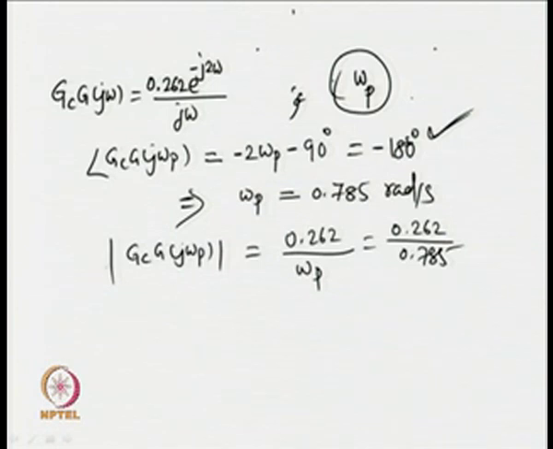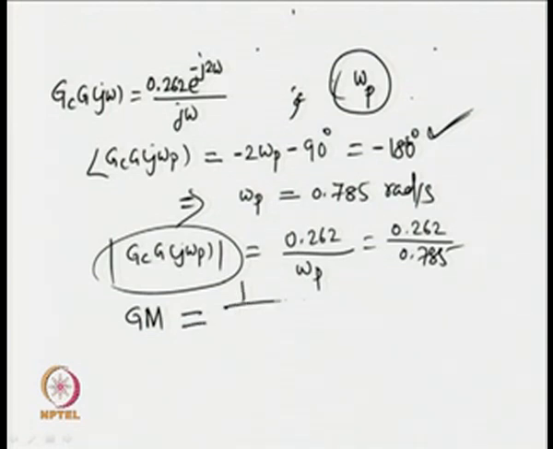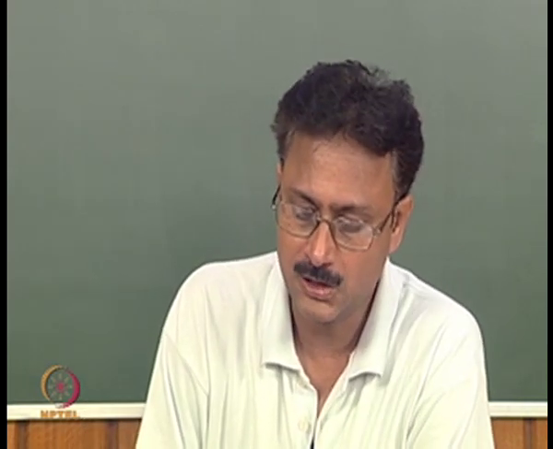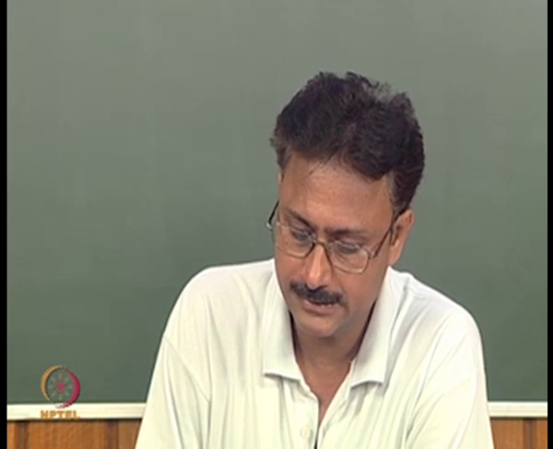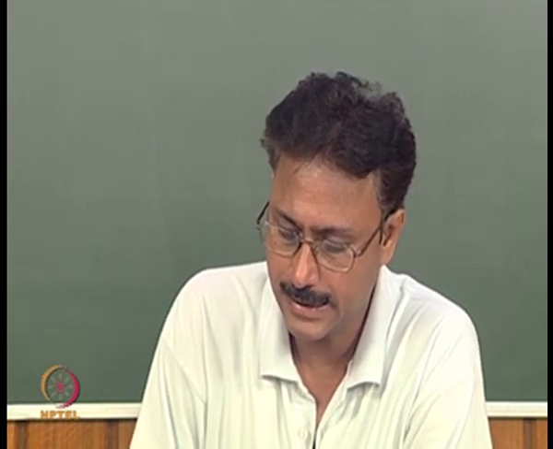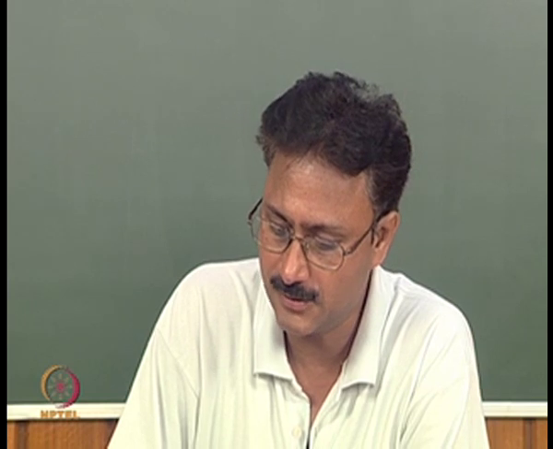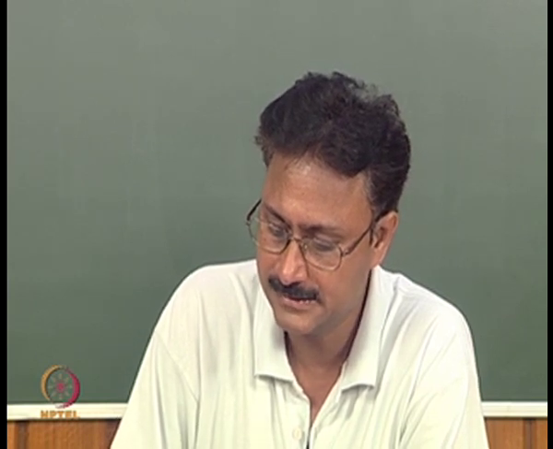We have to find the inverse of this gain, and that will give us the gain margin of the system. The gain margin becomes 1 upon the magnitude of G C G j omega p, which will be approximately 3. So, what we have found from the analysis of the loop gain is that the loop has a gain margin of 3 in absolute value terms and a phase margin of 60 degree.